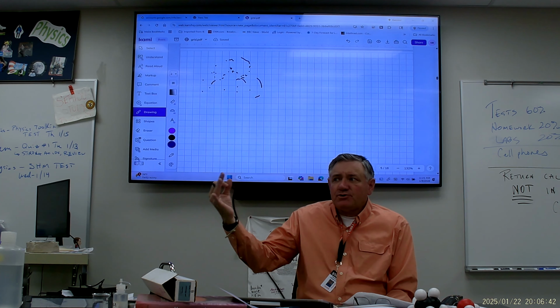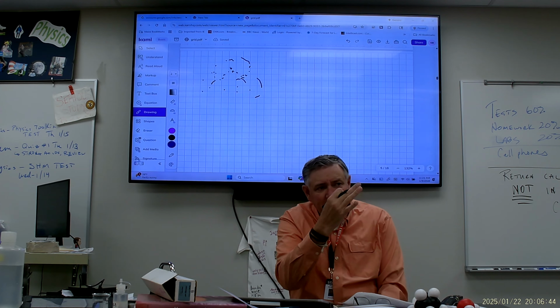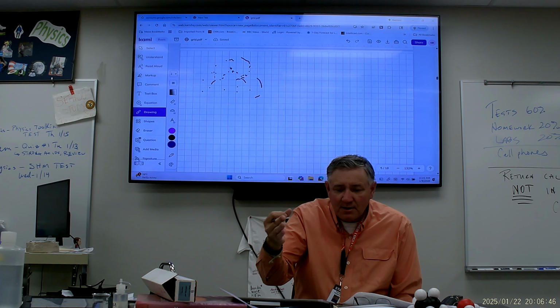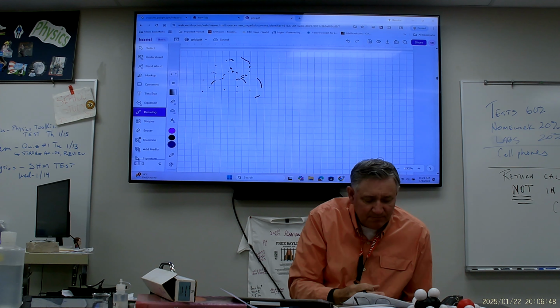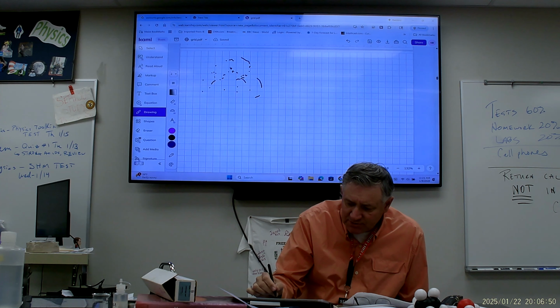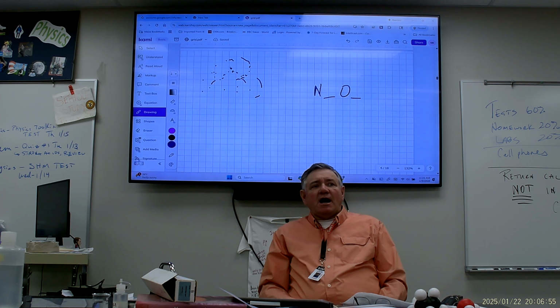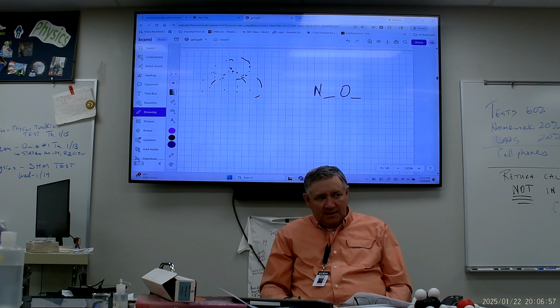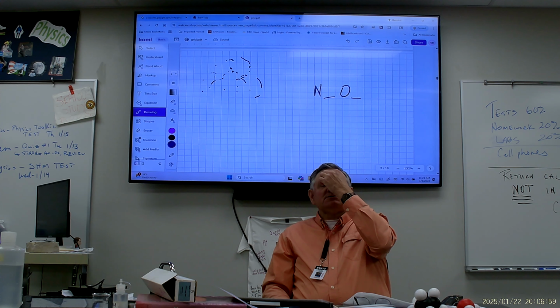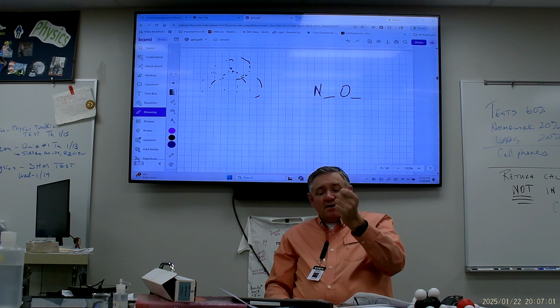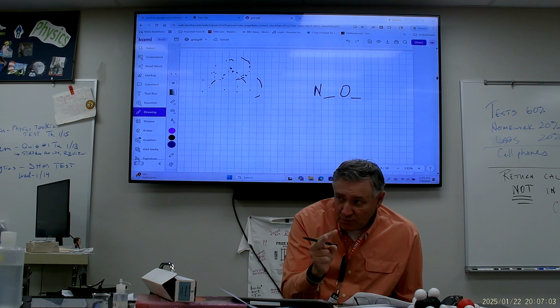Now, here's the bigger truth of what you're after. And if you keep in mind the end game, the beginning of this seems simple. So what you're after is that you're trying to find this ratio of nitrogen to oxygen. That's what you are trying to find. Now, here's what you have to understand. This ratio is one of two things.